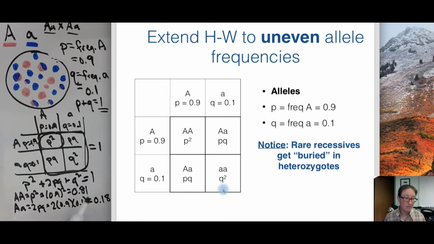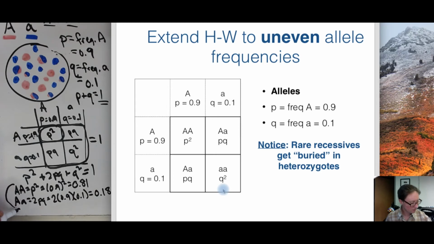And then we can do the same thing for Q squared to figure that out. Or we can remember that we have to account for all the genotypes in the population. So for little a little a, that's going to be equal to Q squared. So that's 0.1 squared, 0.01. So 1% of the population.